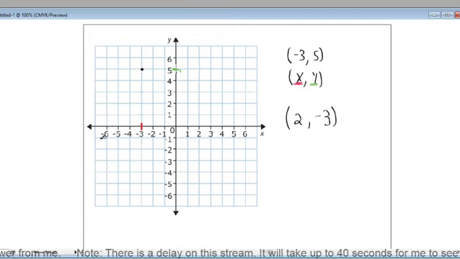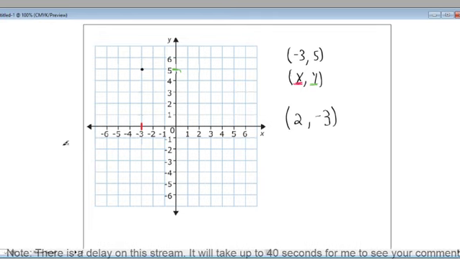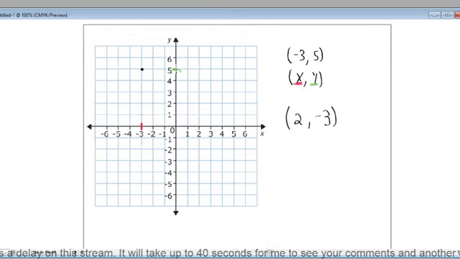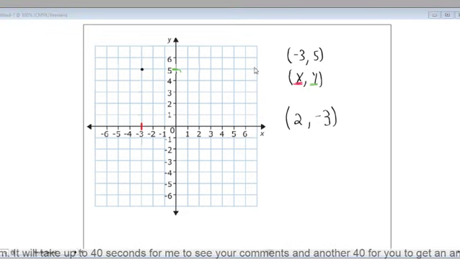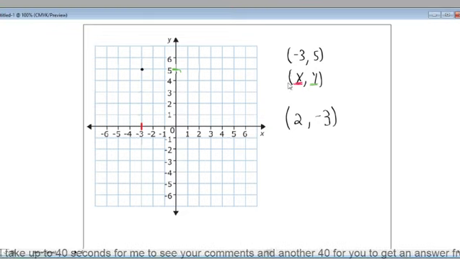Again, I'm going to use red for x and green for y. So, red is going to be here at 2.